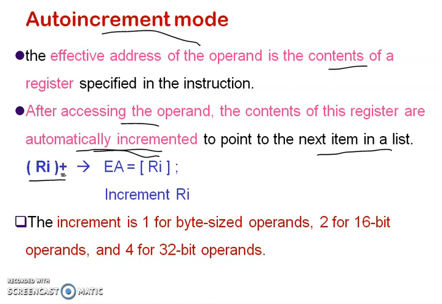How will the effective address be found? The effective address will be equal to Ri. If an instruction has this operand, the operation is performed like this: first the effective address is calculated, that is the content of the register given in the instruction, and after that the register is incremented. The increment is 1 in the case of byte size operands, 2 in the case of 16-bit operands, and 4 in the case of 32-bit operands.